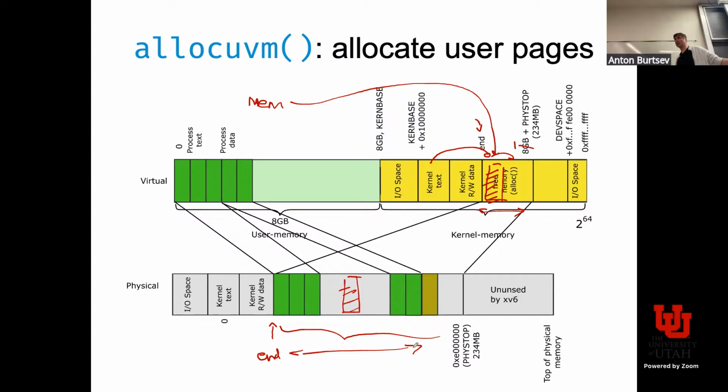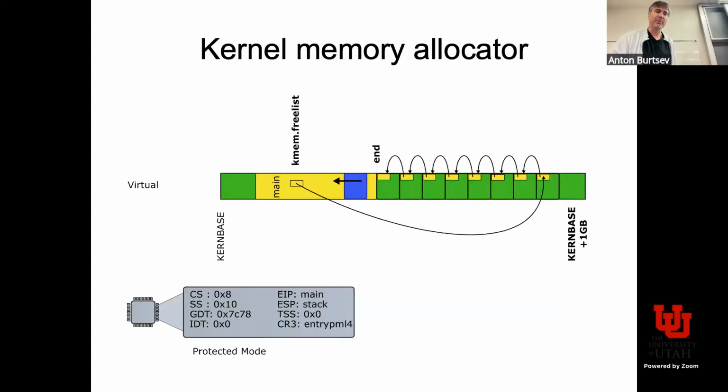You can call it a kernel heap, and I will agree with this, but I want a more specific description. To be absolutely clear, this is our kernel memory allocator. It sits in the kernel, it has this virtual pointer which connects the list, and the elements of the list sit right above the end symbol. So this is where we're getting the memory from.